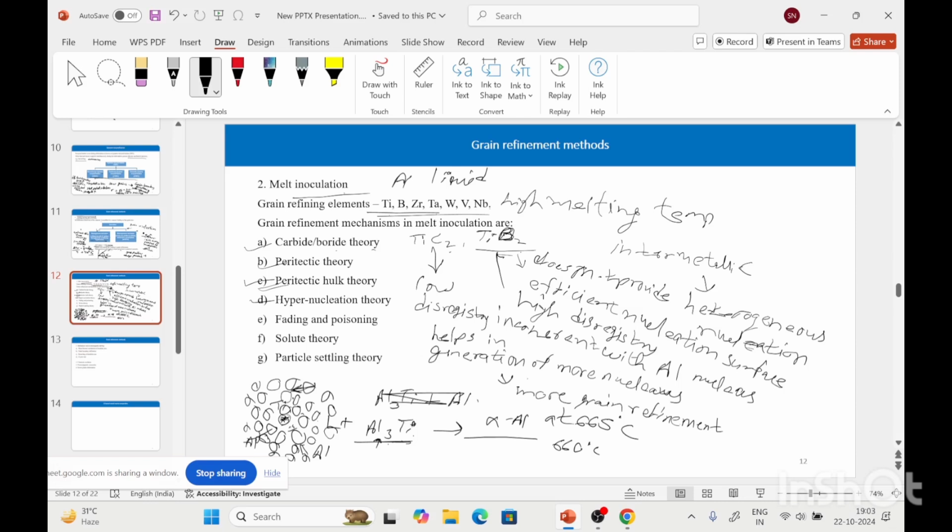Next is the fading or poisoning theory, meaning grain refinement efficiency decreases and is lost with time, with the addition of these alloying grain refining elements.